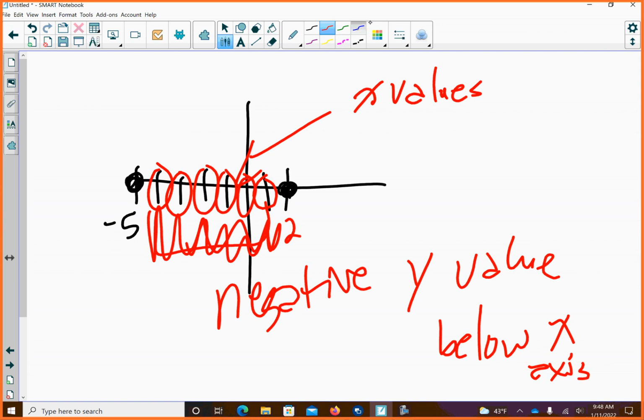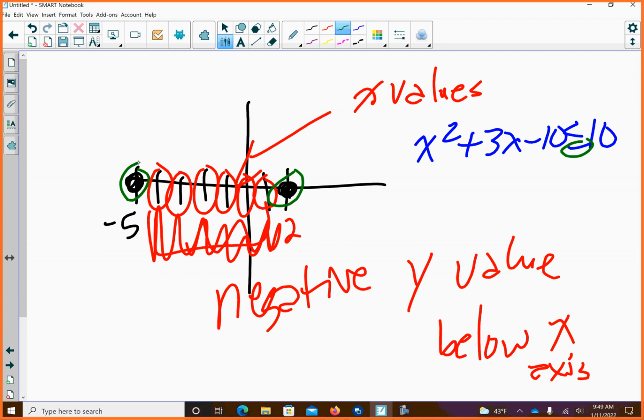Now, of course, the problem that they originally gave us was this. Okay? So this little equal sign here means I'm going to include those points.